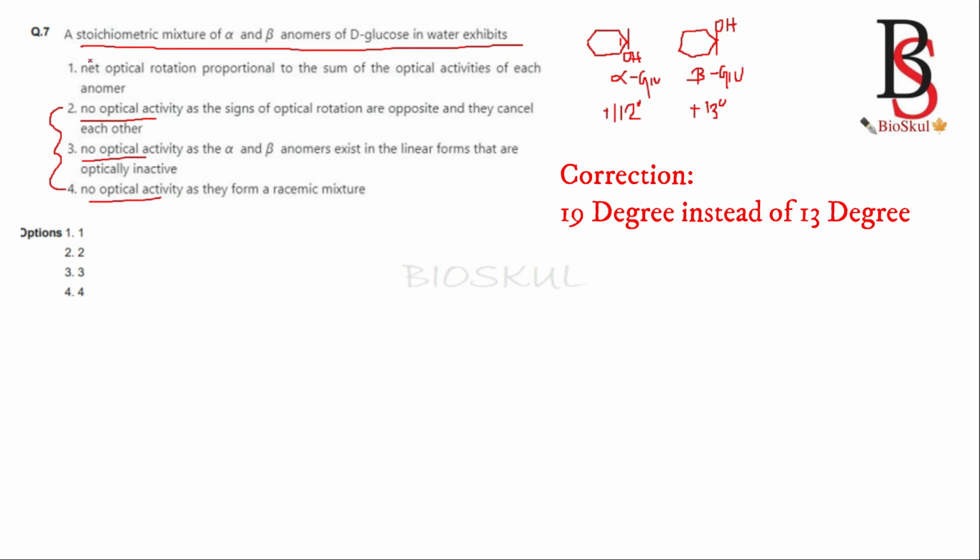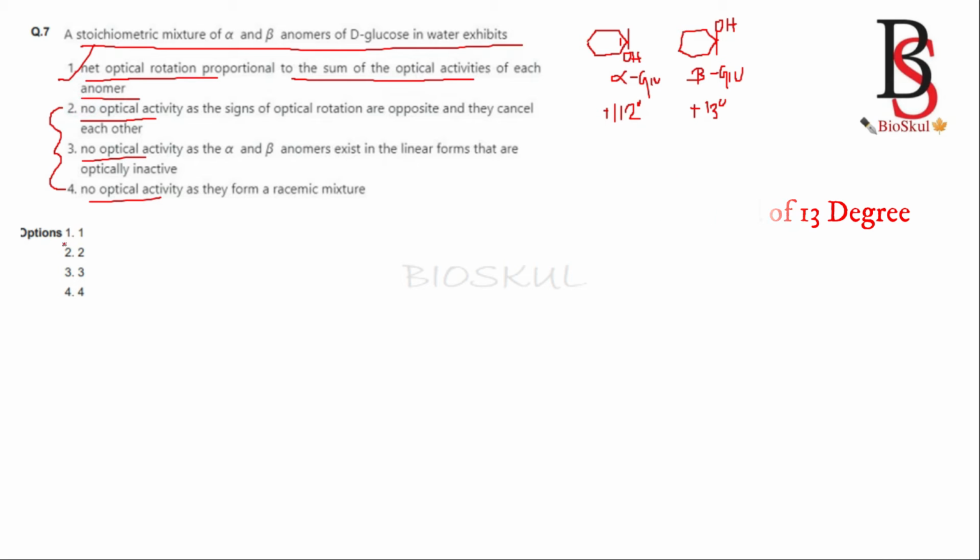So the correct option will be option 1. A stoichiometric mixture of alpha and beta anomers of D-glucose in water exhibits net optical rotation that is proportional to the sum of optical activities of each anomer. Okay, so the correct answer is option 1.